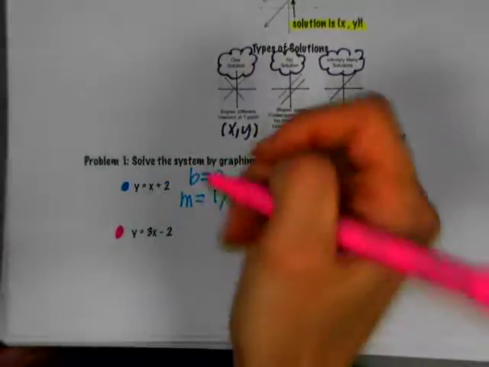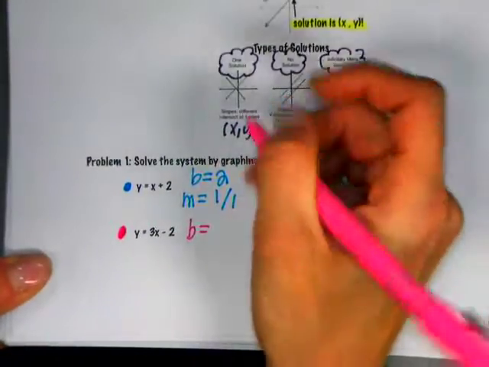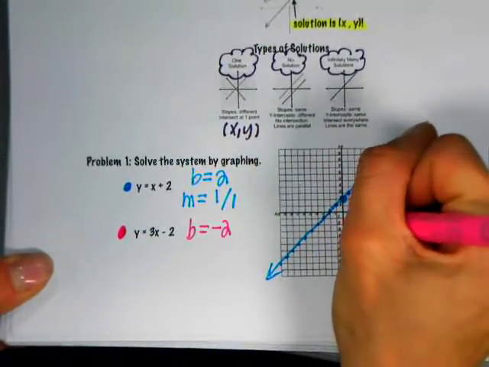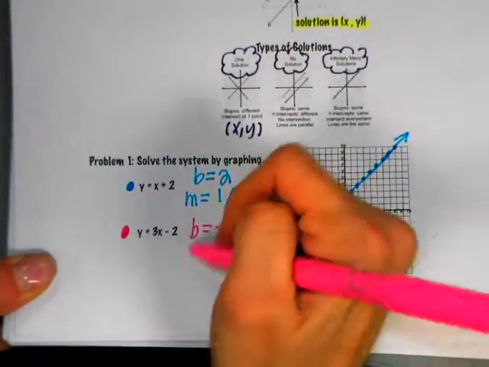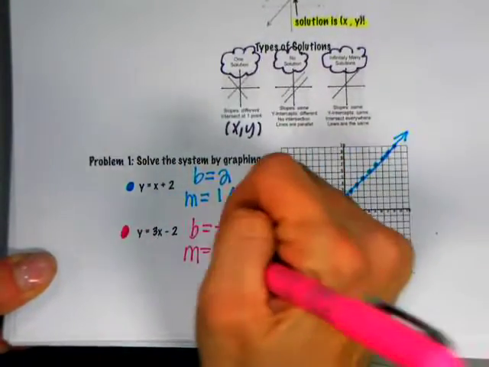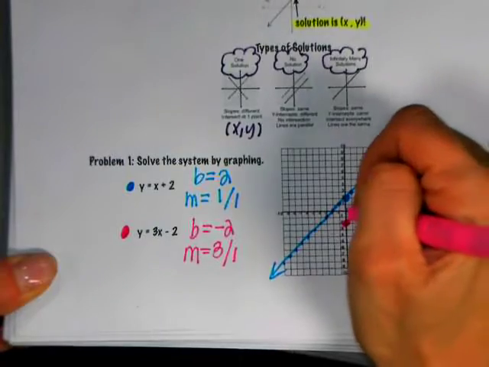Okay, and then for this one, what's my b? 2. And my slope? 3 over 1, up 3 over 1.